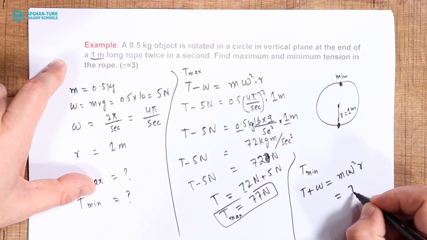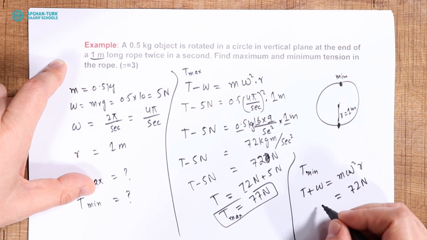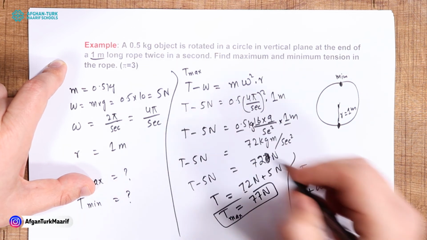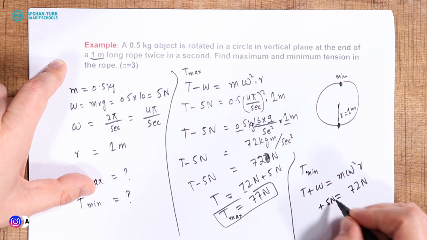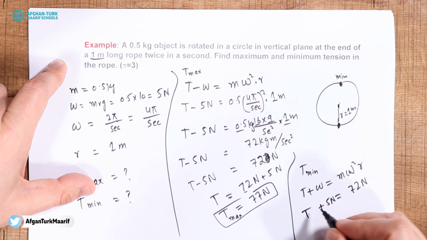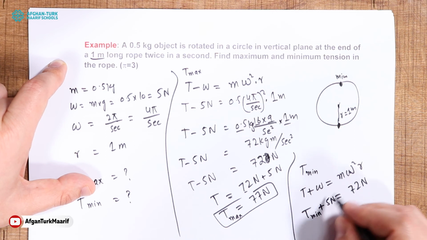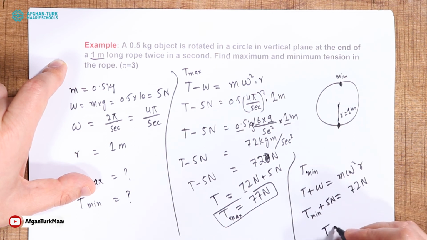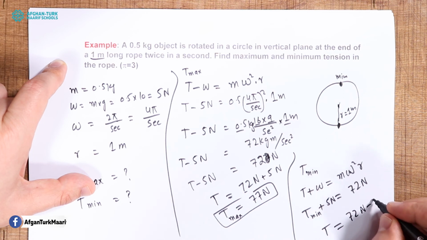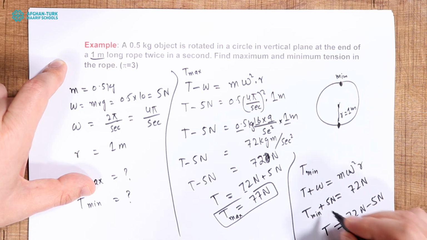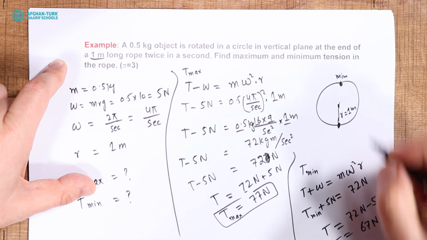And this one is also given, which is equal to 5 Newton, and this is T. So T minimum, if we shift the value here, is equal to 72 Newton minus 5 Newton. So now this is the T minimum at this point.